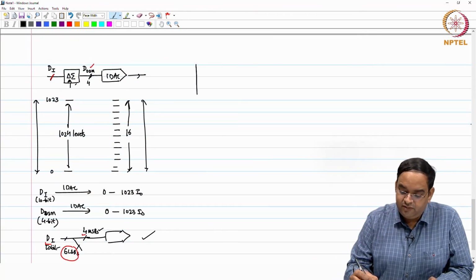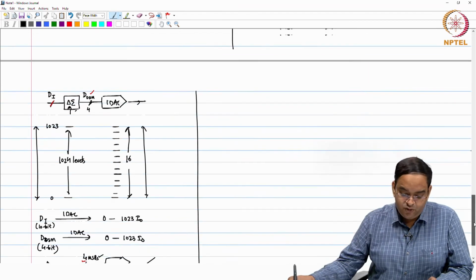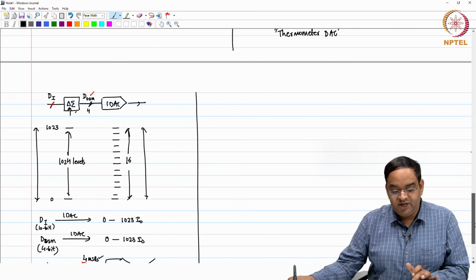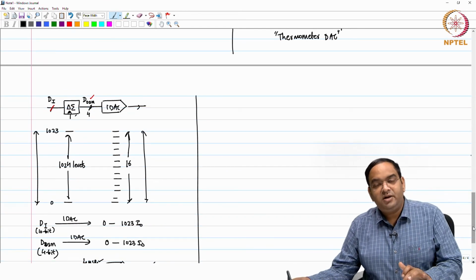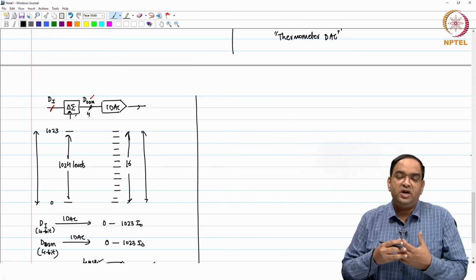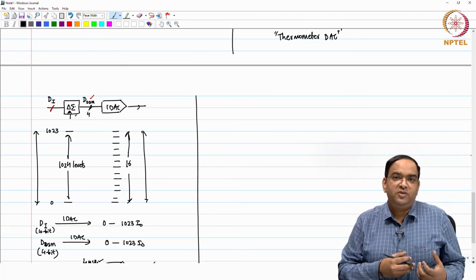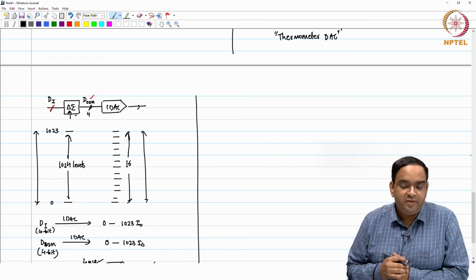You can very well read about it. The idea is that you convert a large bit number to a smaller bit number using delta sigma, such that you shape the quantization noise while converting from the larger number of bits to a smaller number of bits.